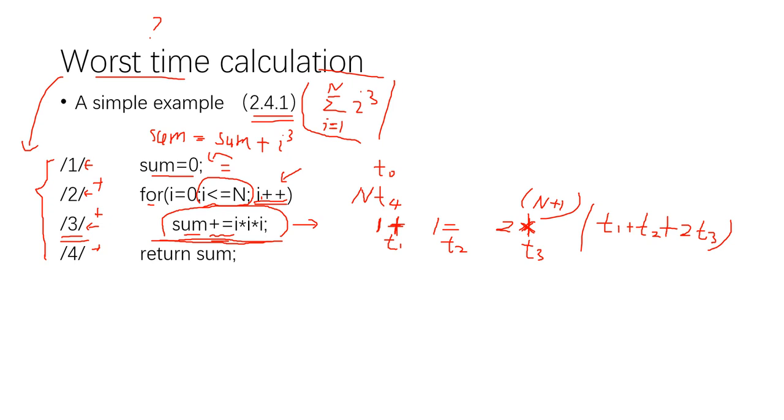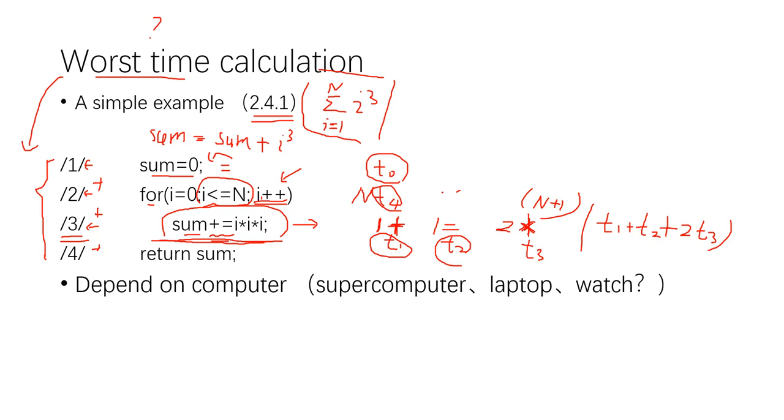Because of what? We made assumptions here, like T0, T1, T2, T3, T4, etc. That depends on the computer, which means it can differ a lot between different computers.